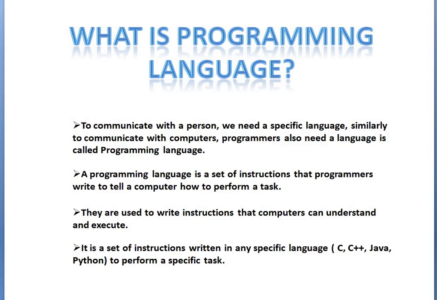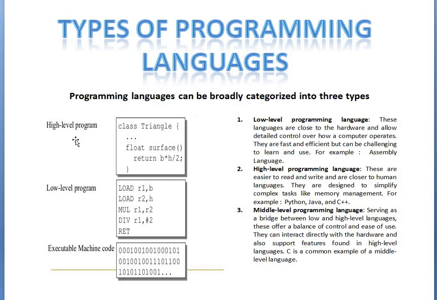Basically, or you can say broadly, these languages are categorized into three types, that is low level programming language, high level programming language, and middle level programming language. The low level programming languages are very close to the hardware, and we have to write instructions using the binary code, that is zeros and ones.